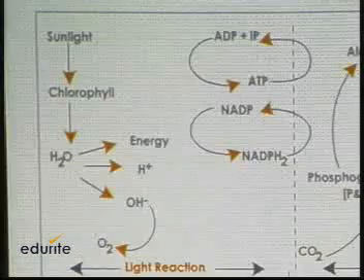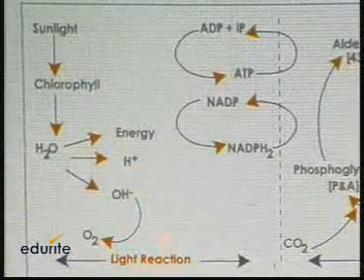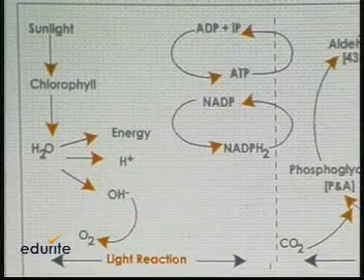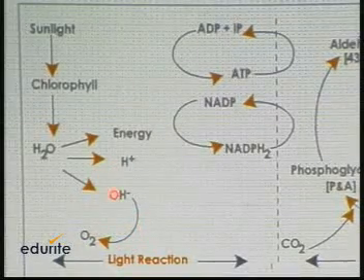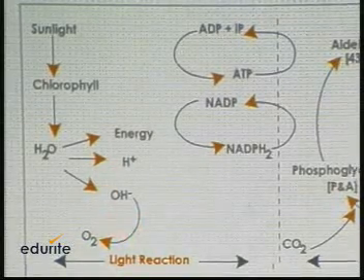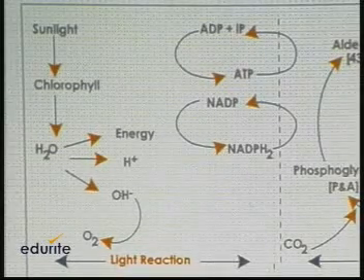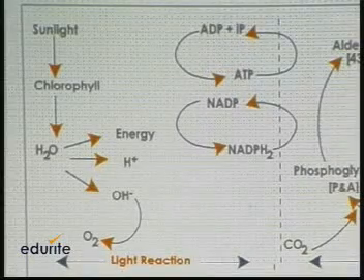The important points to remember about the light reaction are: it's totally dependent on light. It takes place in the grana of a chloroplast. The grana is made up of a number of thylakoids which are like coins placed one over the other.